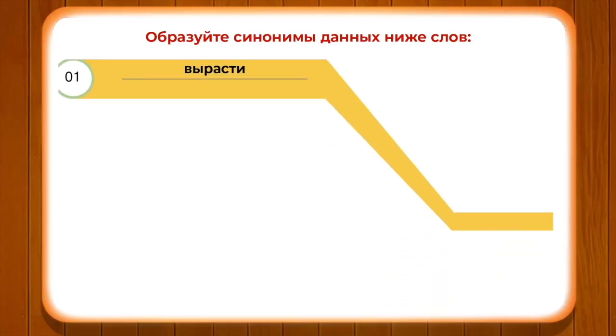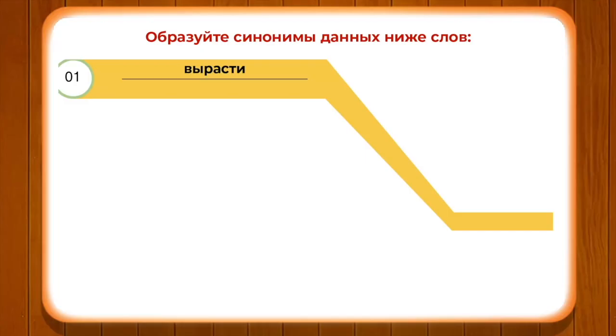Now let's go to the next part of our module. The next part is to make synonyms of some words. So let's say in Russian we can say that's образуем синонимы данных ниже слов. The first word we have вырасти.